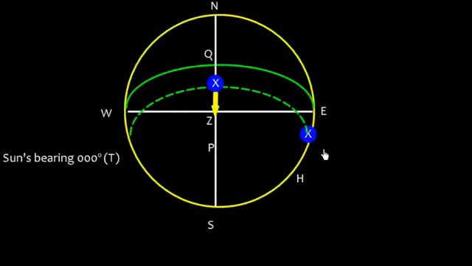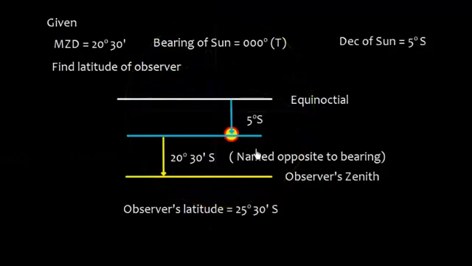The same information we can represent on this rational horizon diagram. This is north, this is south, this is east, and this is west, and the body was here, and then the body has come to this level. Well, Q to Z is the latitude which we need to obtain, and the declination is given, which is Q to X, that is south declination.